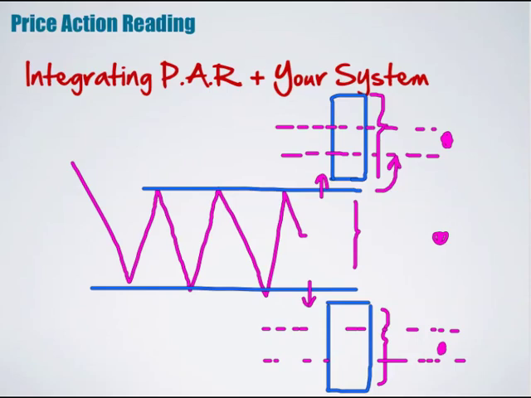Again, because you are not limited by any resistance or support ahead of your entry point, price will run farther in your direction, and you will be able to squeeze more pips per trade.